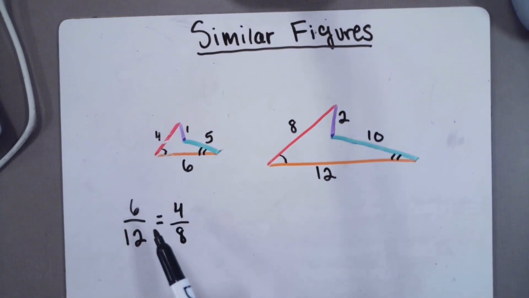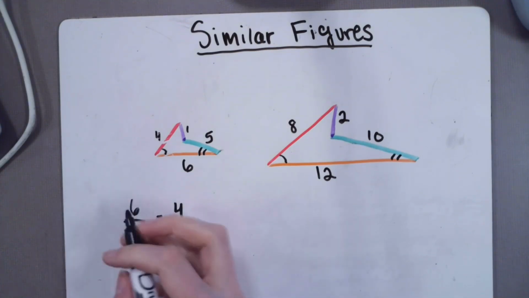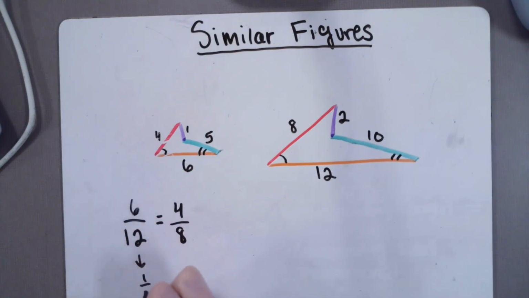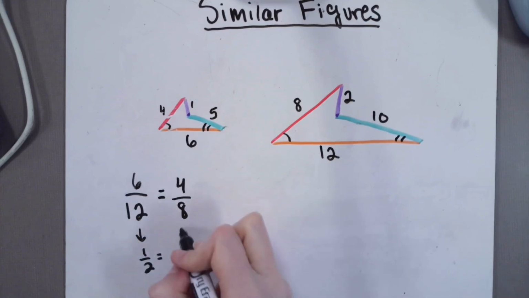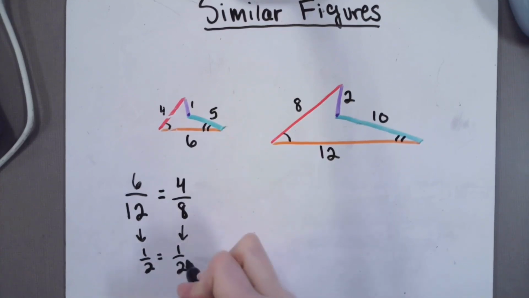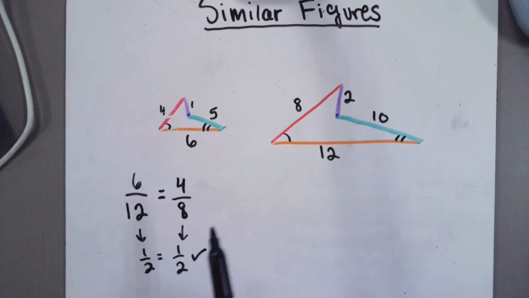And then I would want to make sure that this statement is actually true. I can see that 6 over 12 simplifies to a half, and 4 over 8 simplifies to 1/2 as well. So yes, this is true. And I would need to check that all of the sides are proportional. Just because 2 of the sides are doesn't mean that the rest of them are.